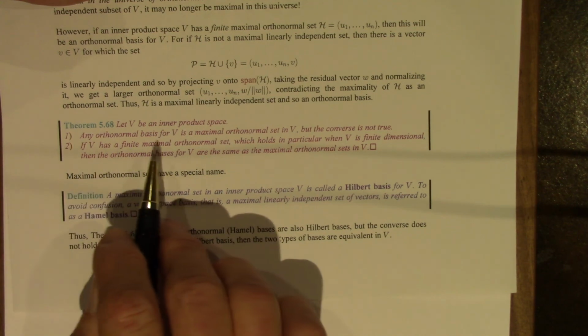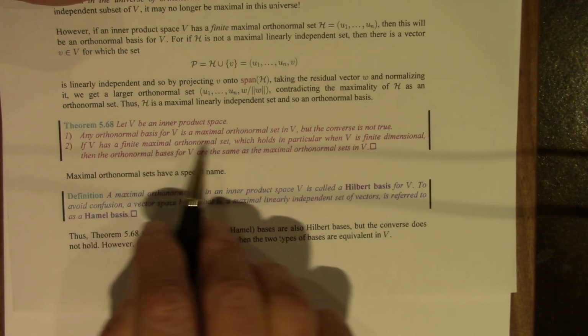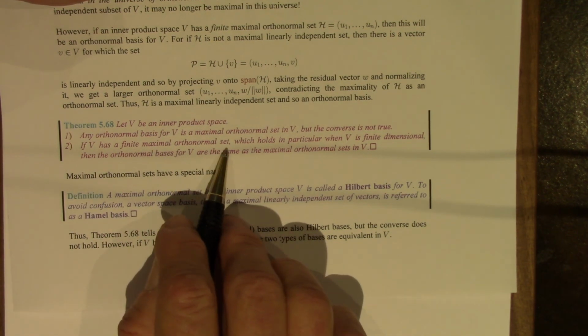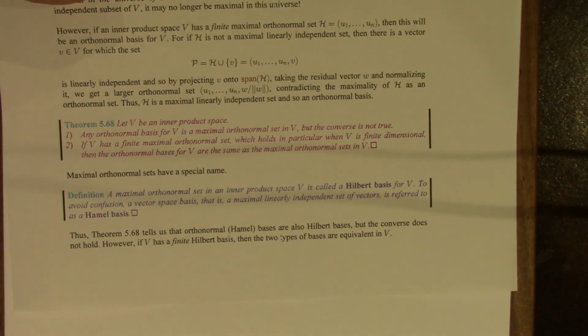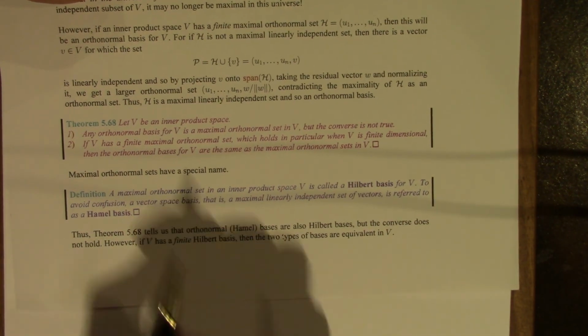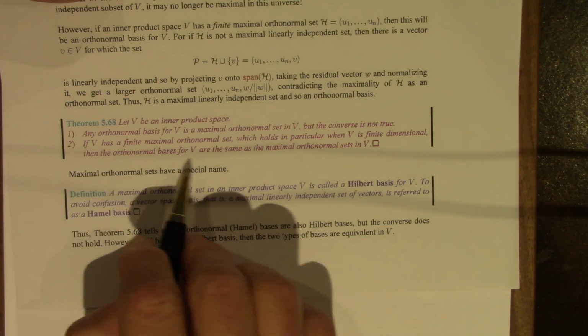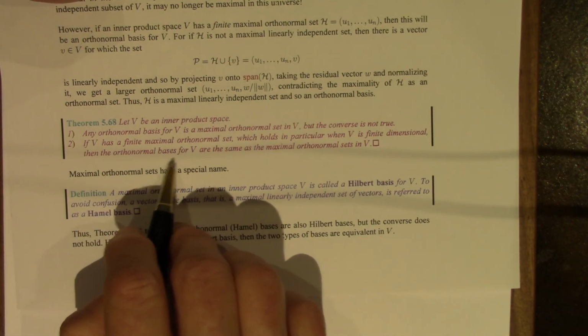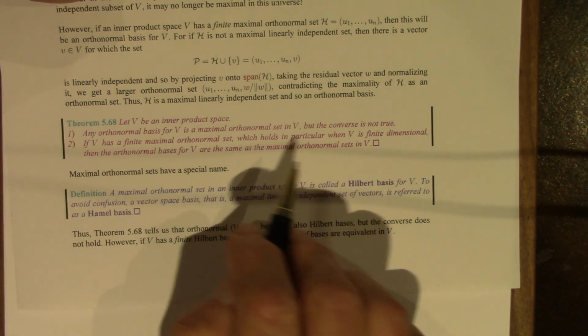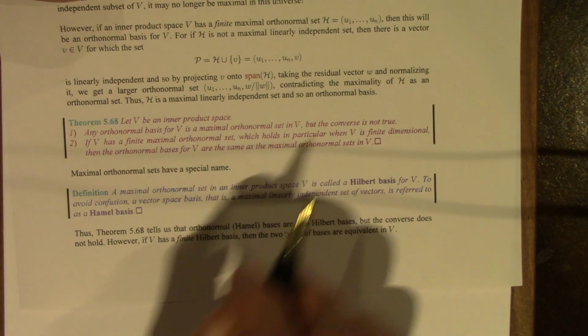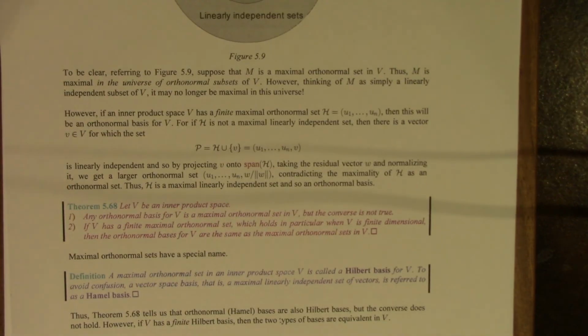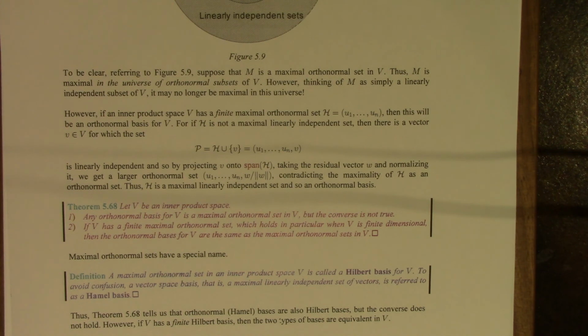However, if V does have a finite maximal orthonormal set, and that would happen when V is finite dimensional, then the orthonormal bases are the same as the maximal orthonormal sets. In other words, maximality with respect to orthonormality is the same as maximality with respect to being linearly independent.